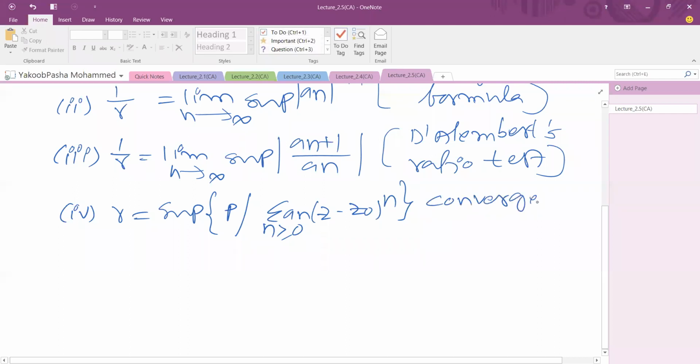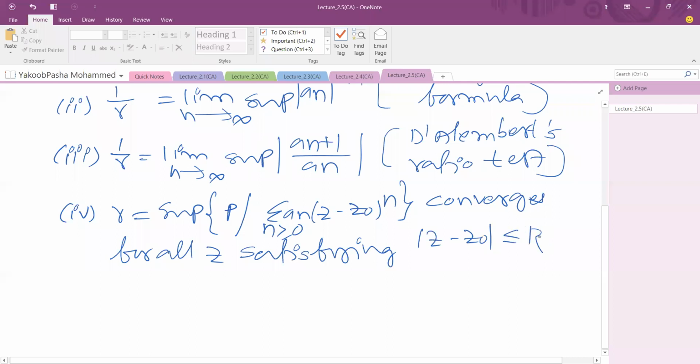It converges for all z satisfying the condition modulus of z minus z_0 is less than R. Sorry, this is ρ, the radius of convergence.